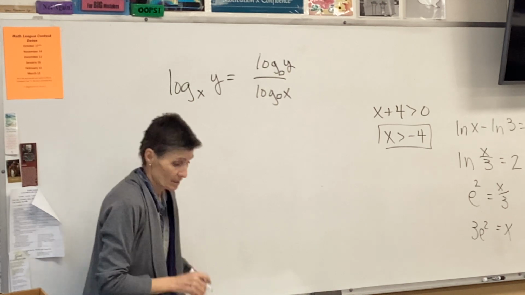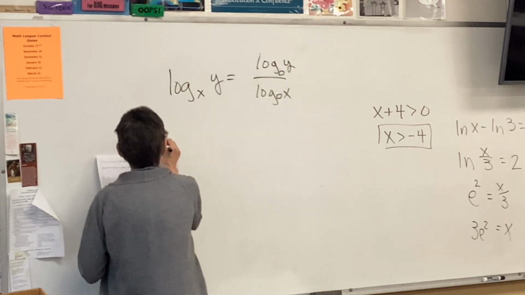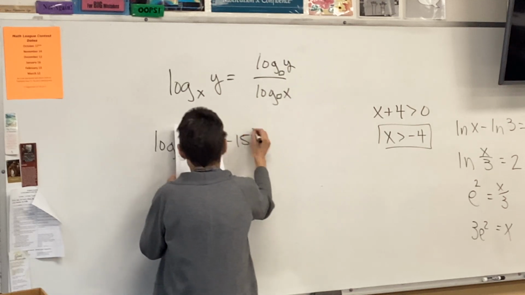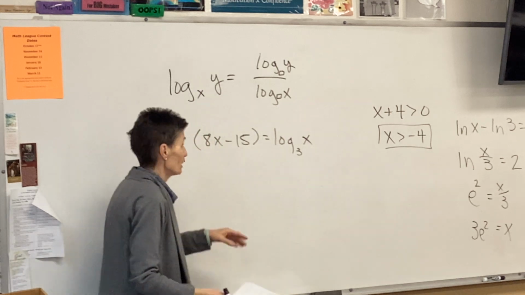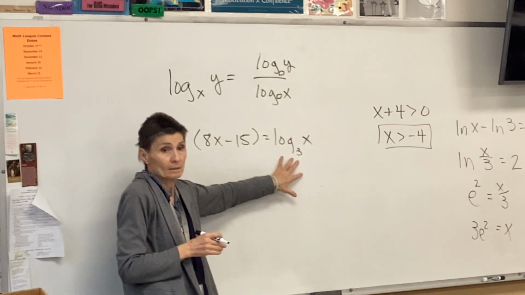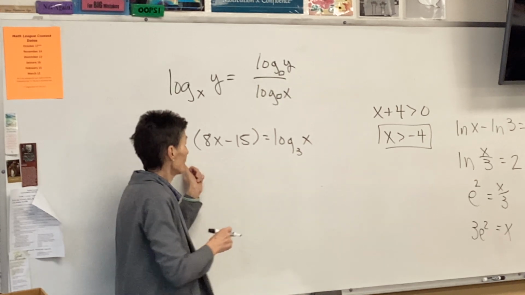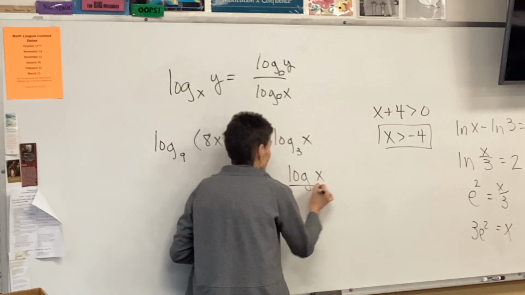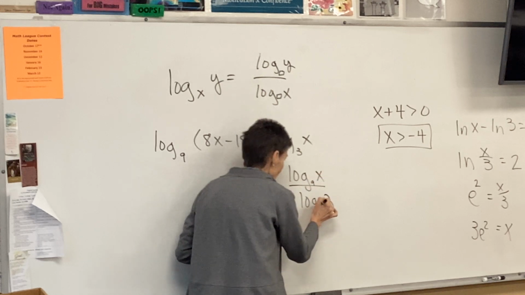Okay? So, if we have this, and I would rather not have this, I'm going to change this into a base 9 so it matches, then this will become the log of x over the log of 3, and I'm choosing to use base 9.